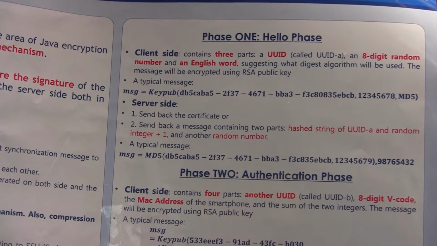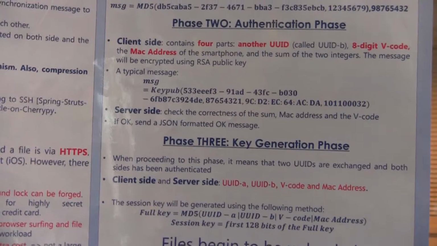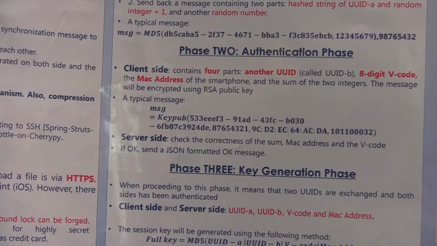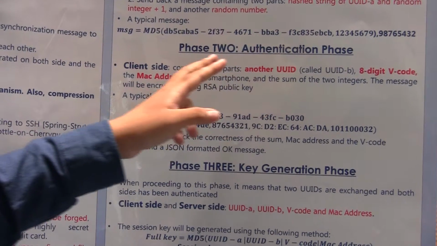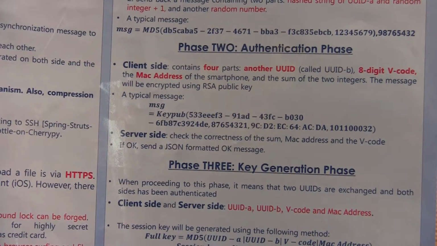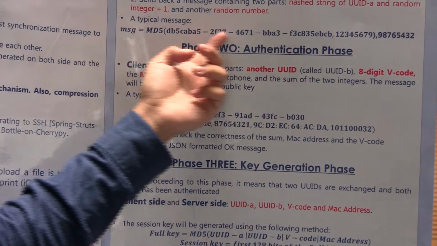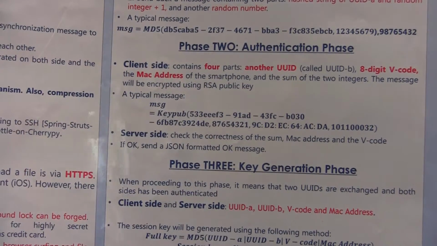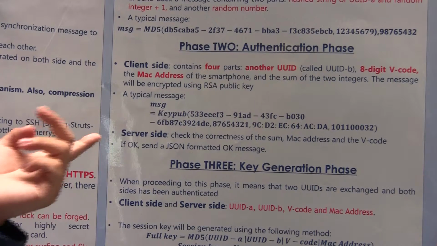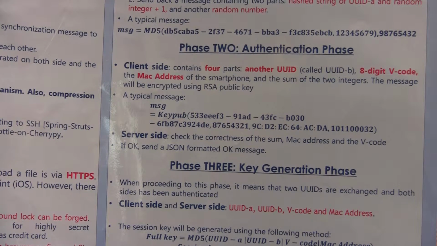Okay, let's proceed to phase 2, the authentication phase. After receiving the response from the server, the client will first test if the received MD5 message is correct. If correct, it will then use the second password to authorize whether the user currently using this smartphone is the user himself, through fingerprint or sound lock.